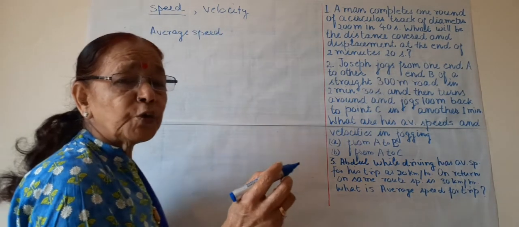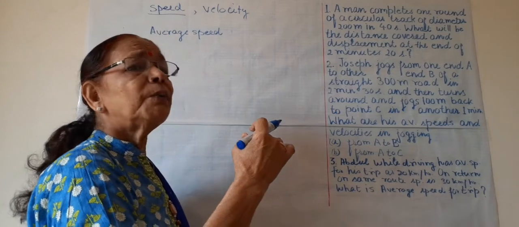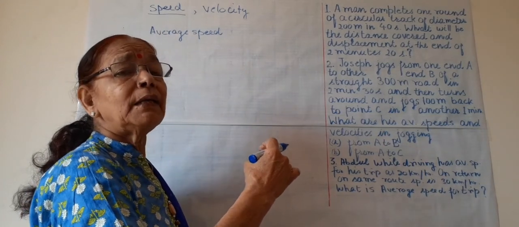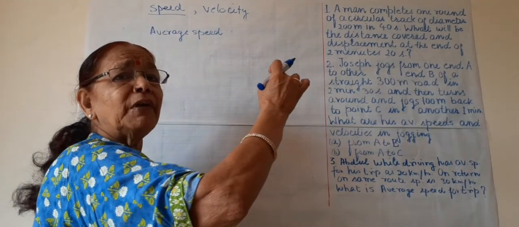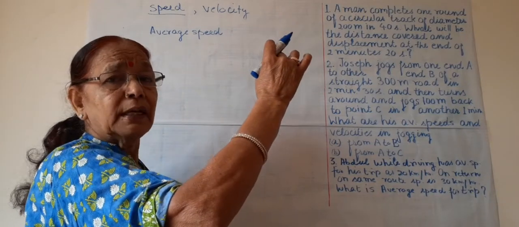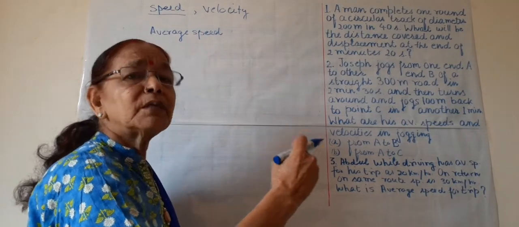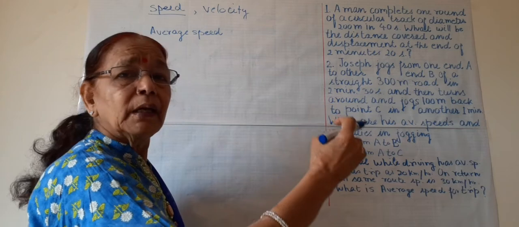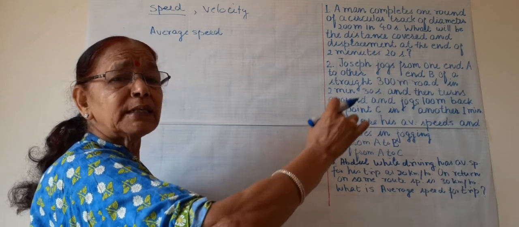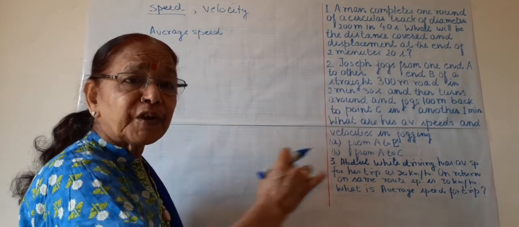Sometimes we want to know the average speed. Suppose a vehicle is traveling for a large distance. Sometimes it is slow, sometimes it is fast, and a longer distance is traveled on a straight line.